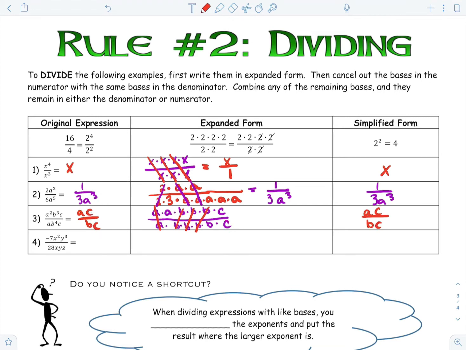Now, number 4, you can try this one as well. Pause the video. All right, and we have negative 7 times x times x times y times y times y.